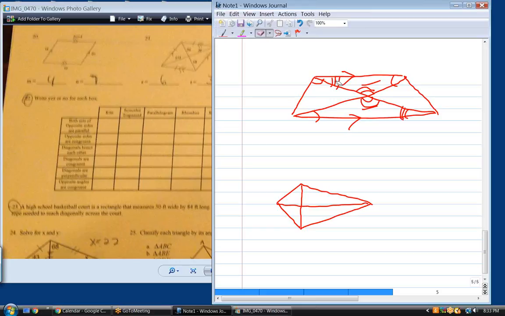So that makes them similar. Doesn't make them congruent.